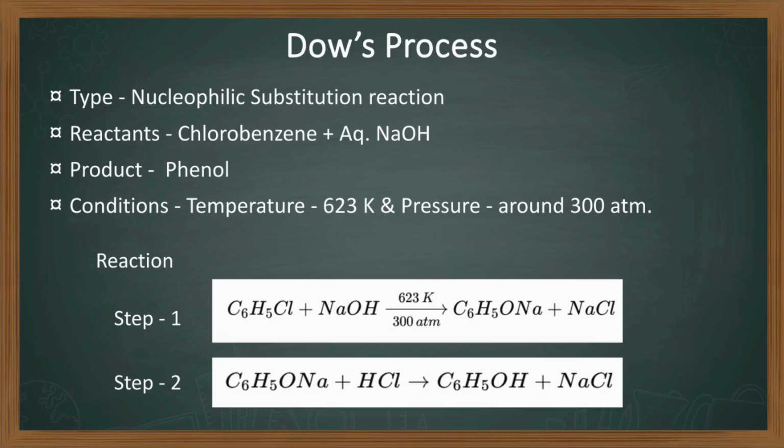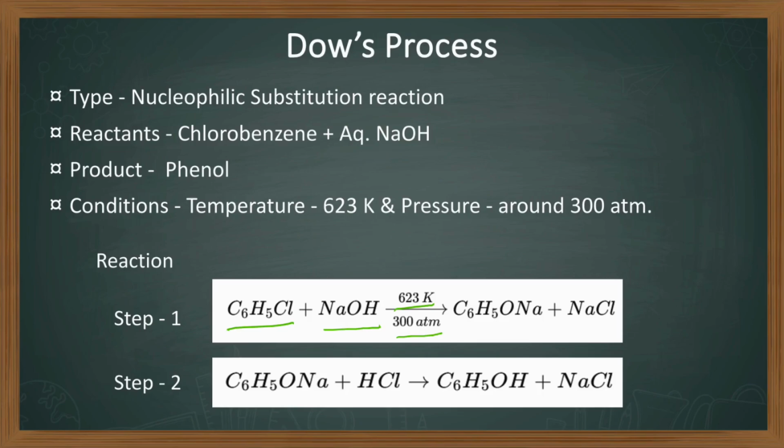The next reaction we are going to see is Dow process. It's a nucleophilic substitution reaction by nature. In this case, chlorobenzene reacts with sodium hydroxide, an aqueous solution. This reacts at a very high temperature and very high pressure. The temperature is around 623 Kelvin and the pressure is maintained at 300 atmosphere. The atmospheric pressure we already know is 1 atmosphere.